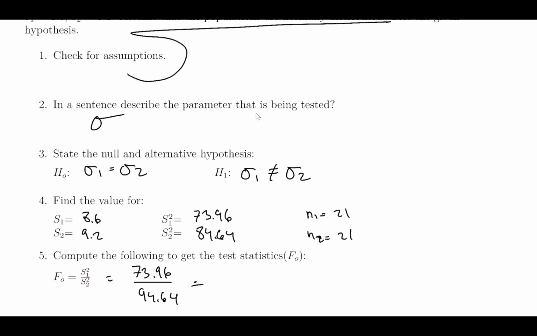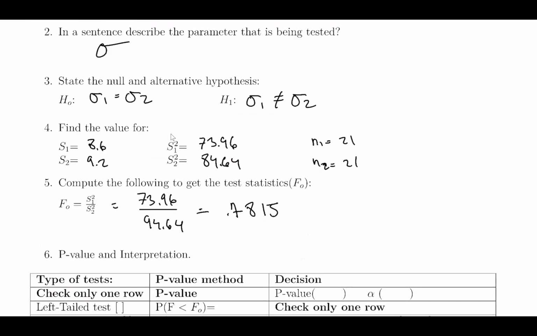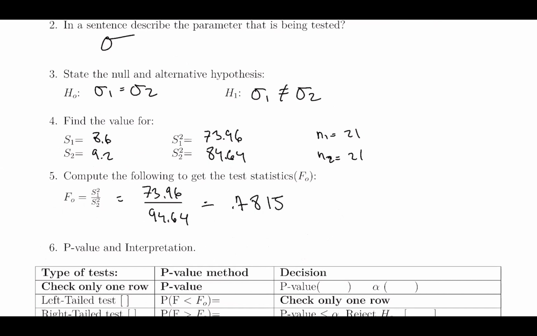So if you do 73.96 divided by 84.64, you get 0.7815. Everybody good? I got 0.7815. All right, so then to get the p-value, that this could just happen by random chance.